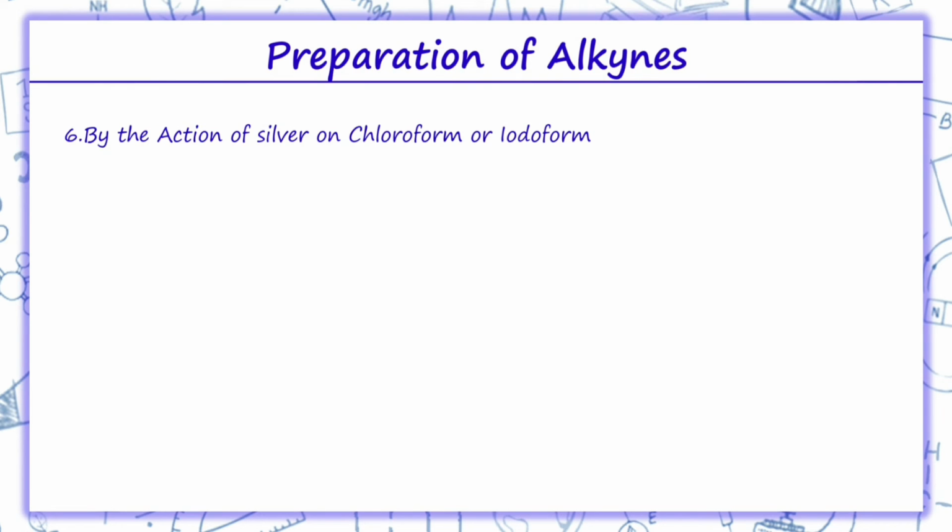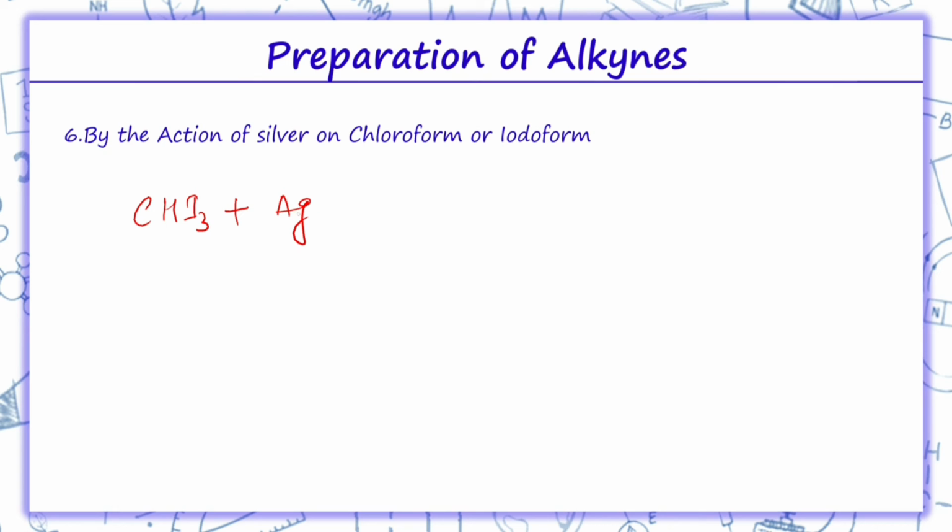Coming on to the next preparation, which is by the action of silver on chloroform or iodoform. Here we take chloroform or iodoform, CHI3, and silver, Ag, is acted on it.